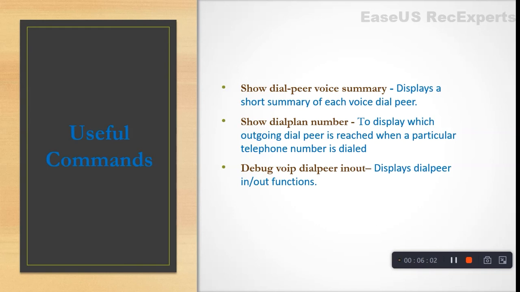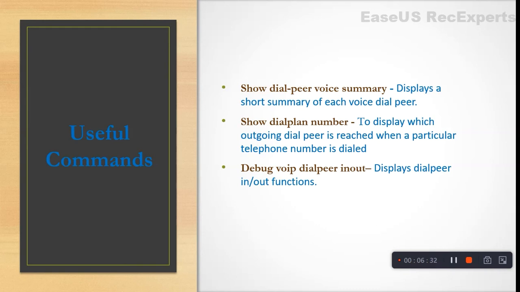Now, to check in debug level which dial pairs are getting selected or matched by the router, you can use the debug VoIP dial pair in out command. This command will show you all the probable matched dial pairs for a particular call, and which particular dial pair is getting selected.